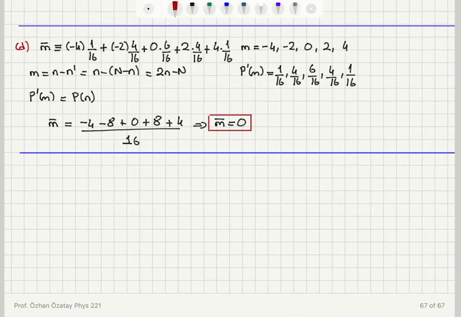There is another way of finding this average number, so let me note this as an alternative.